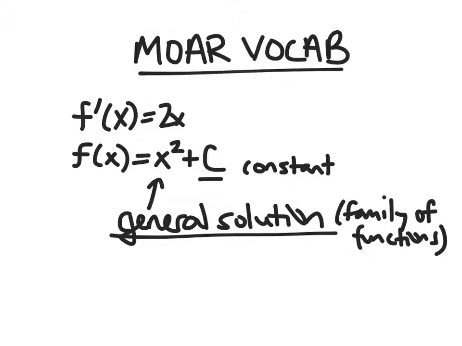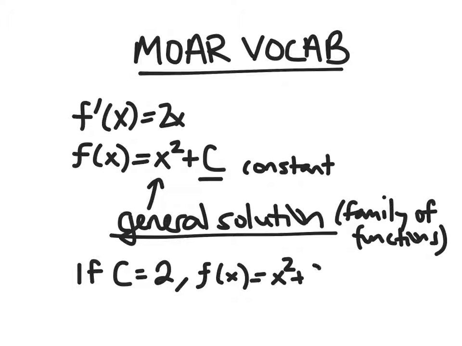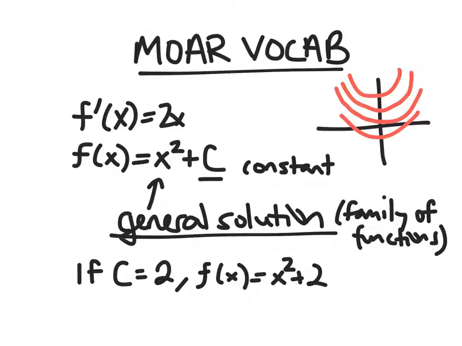Usually you're going to have some c involved, whether multiplicative or additive, that gives you this family. And then how do we get to a specific one? Well, if c is specified, say c equals 2, we get f of x is x squared plus 2. We're picking one specific parabola. Our general solution gave us a whole bunch of parabolas, a nice little family of them.